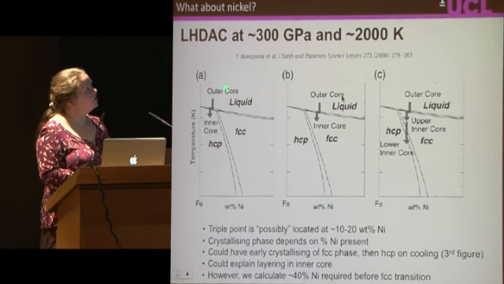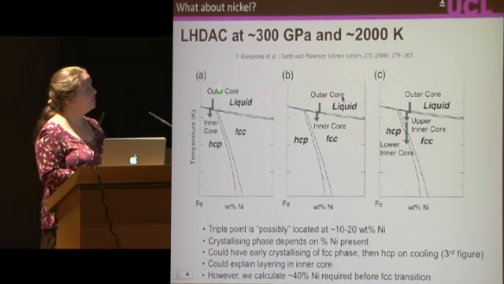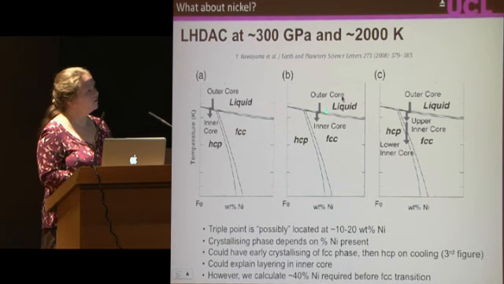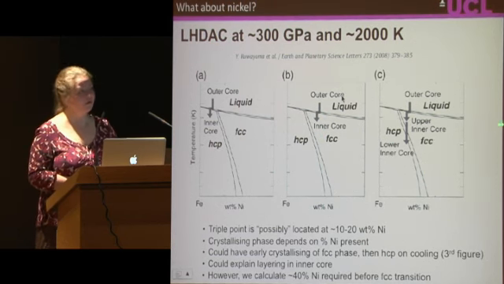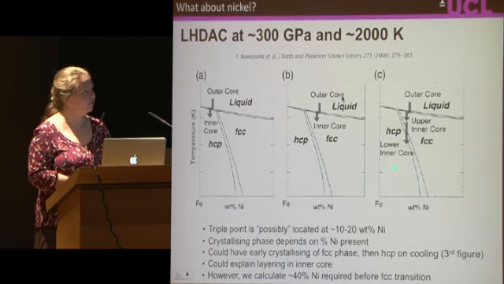If you imagine crystallising an outer core, and as you cool, depending on the amount of nickel that you have in your system, you might cool a hexagonal phase, or you might cool, in this case, a face-centred cubic phase. Or, if you were just at the right place and you waited long enough, you might cool two phases, a hexagonal and a face-centred cubic phase.